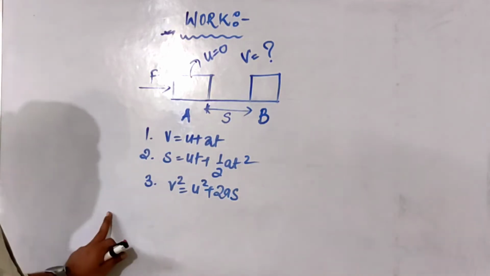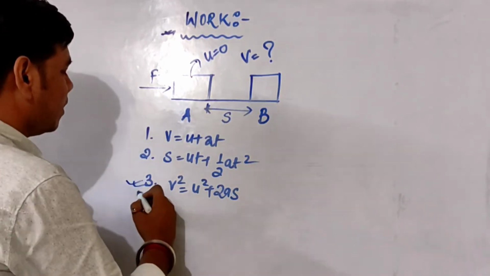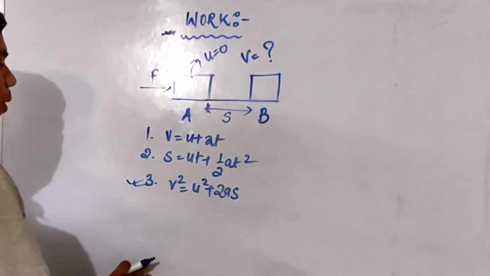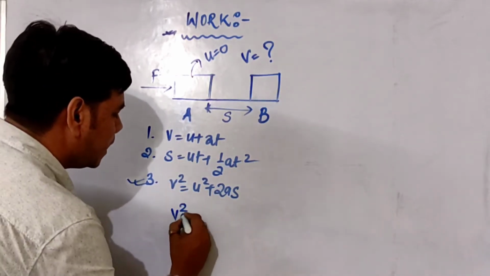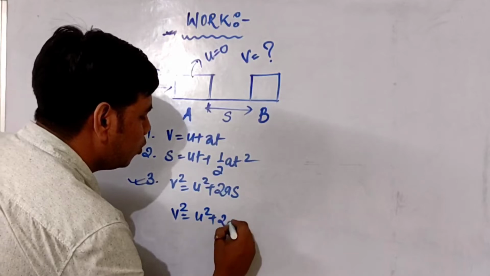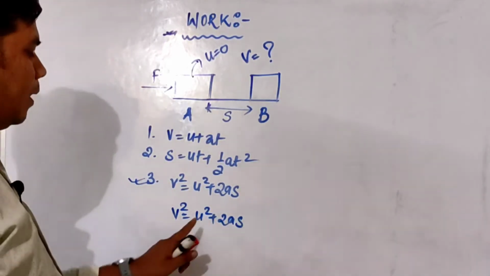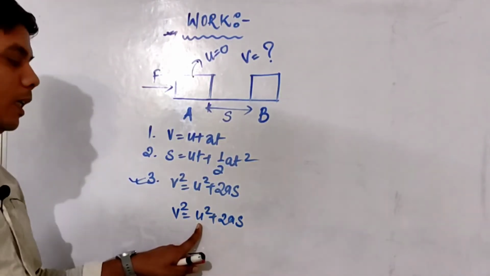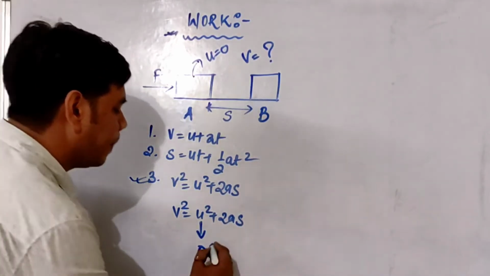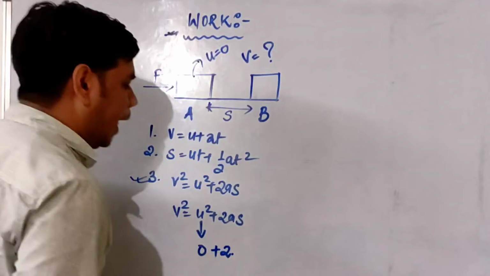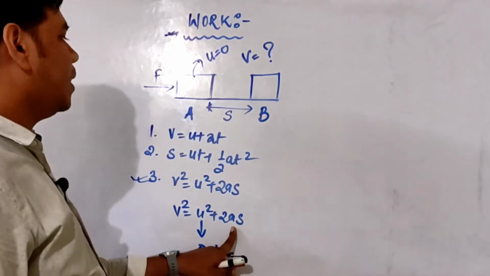These are the three equations, but I am going to use this third equation for the calculation of the final velocity. Now V square is equal to U square plus 2AS. Initial velocity of the body is 0, so you may write 0 here, plus 2 into acceleration.